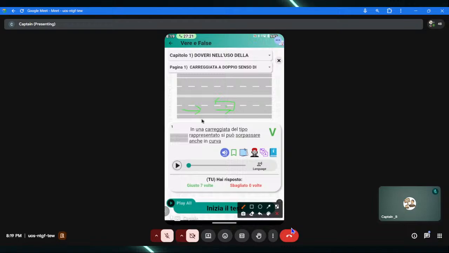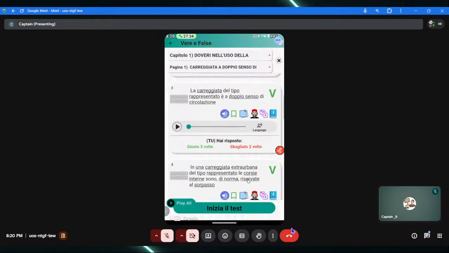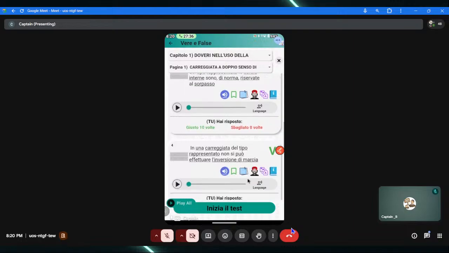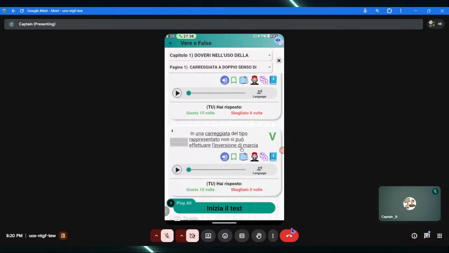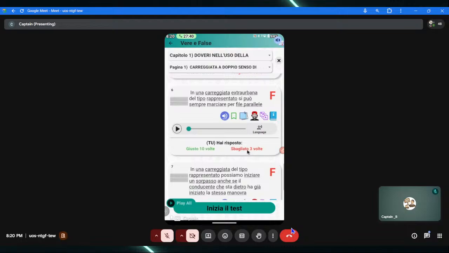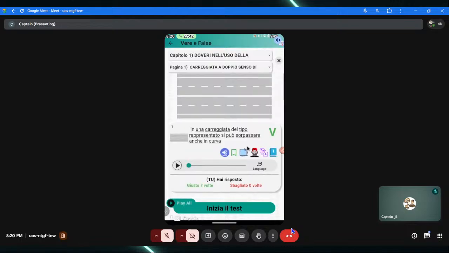You cannot, because this lane is made for overtaking. What will happen here? Accident, if anybody wants to overtake the vehicle in front of him. So, in this kind of road, you can't do a U-turn. And it is true. È vero. Inversione di marcia.